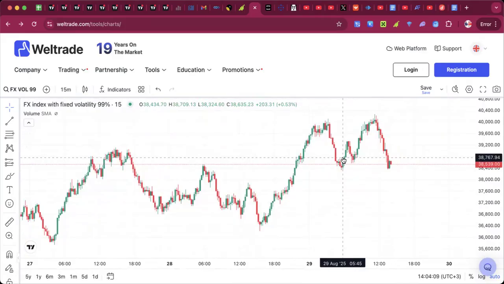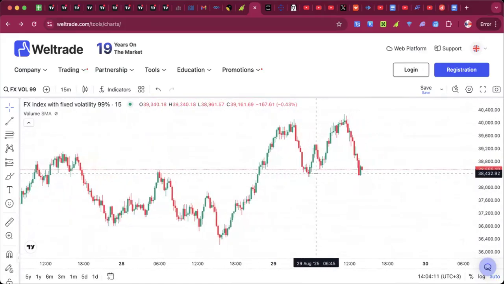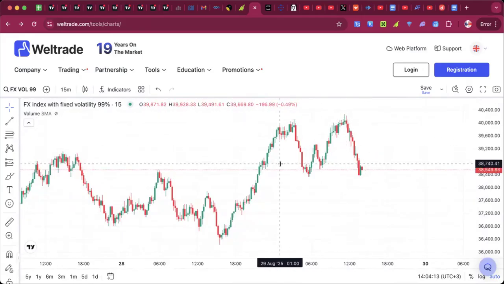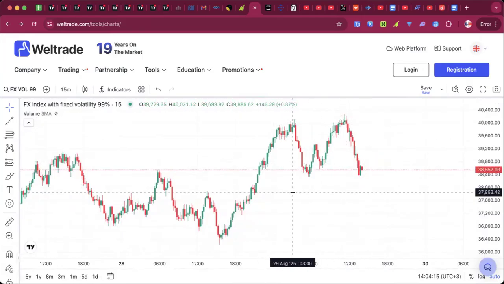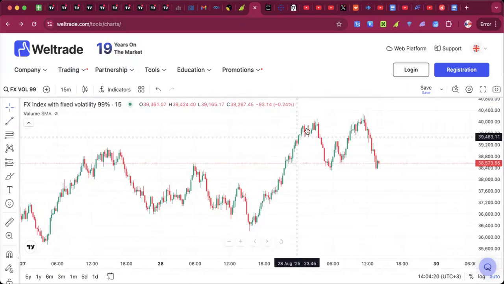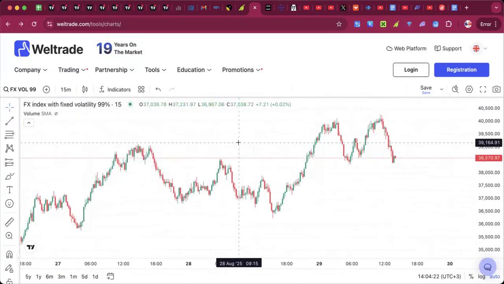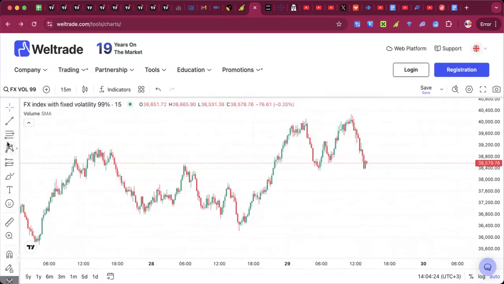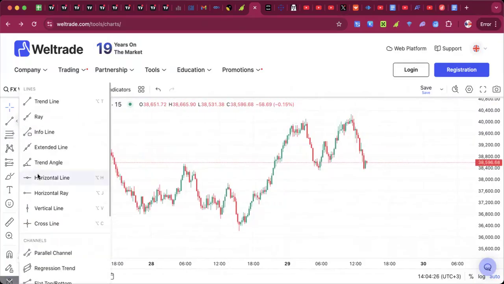Now, when I was trading this, the high had not come yet. So if you look at it, this is a low and this is a high. So what I do is to mark it out.